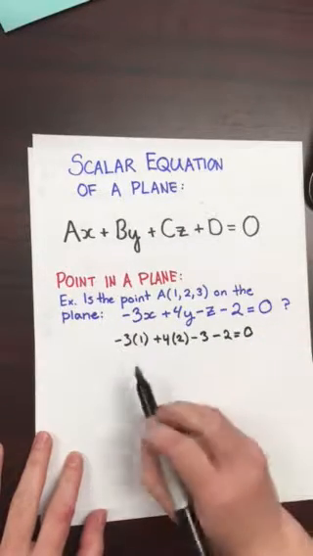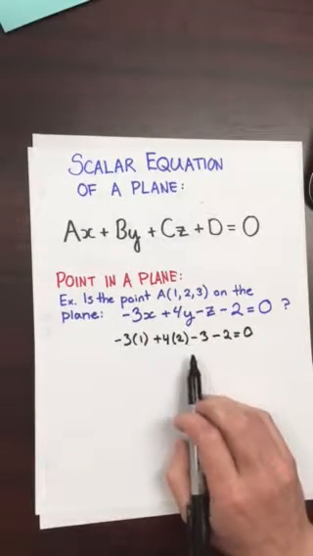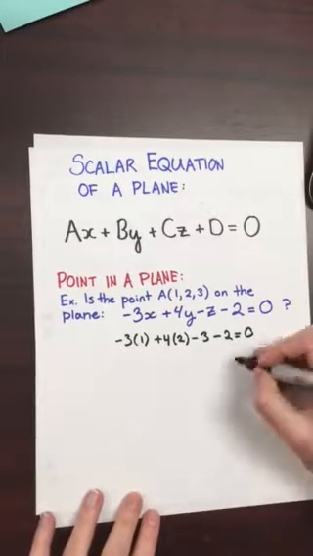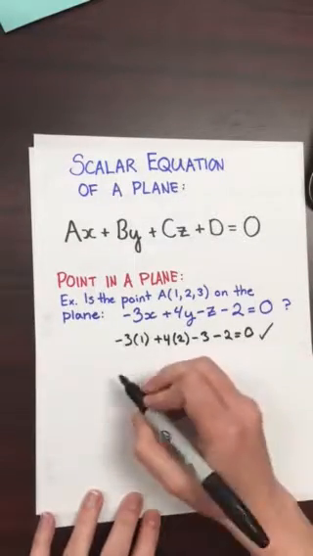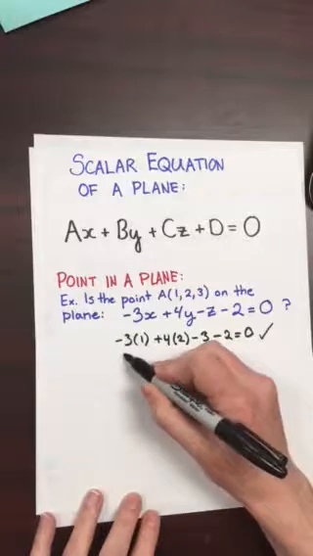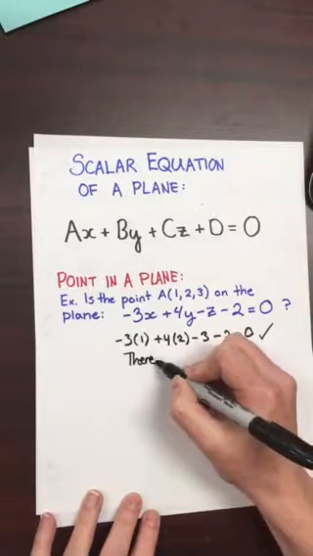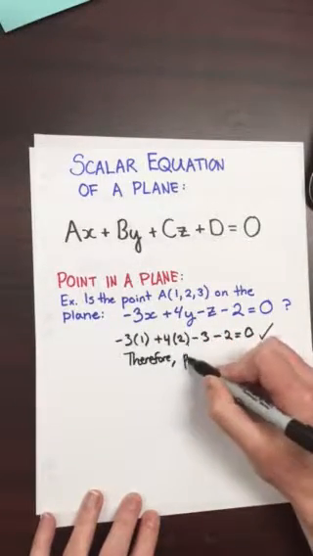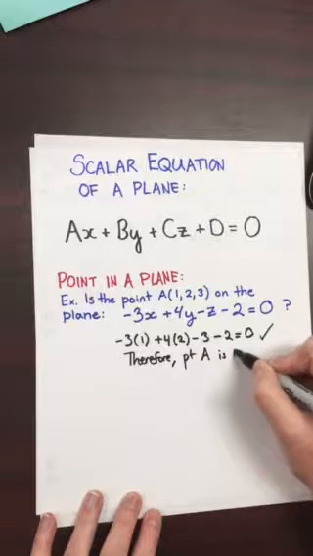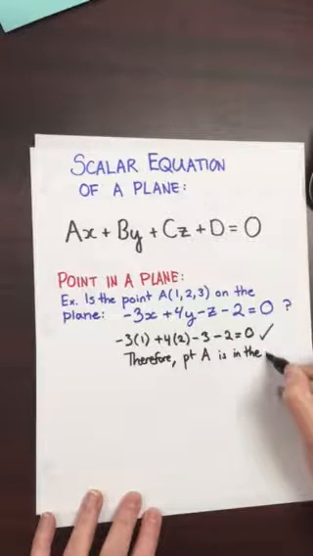Is that true? Let's check. Negative 3 plus 8 minus 3 minus 2. That is indeed 0. Because that all adds up to 0, we can say that, therefore, point A is in the plane itself.